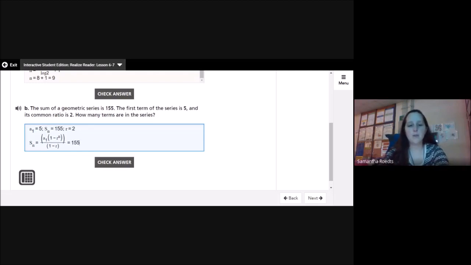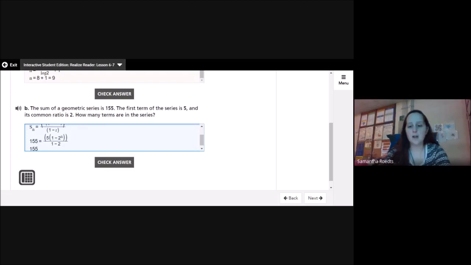So S sub n is 155. So 155 equals 5 times 1 minus 2 to the nth power divided by 1 minus 2.